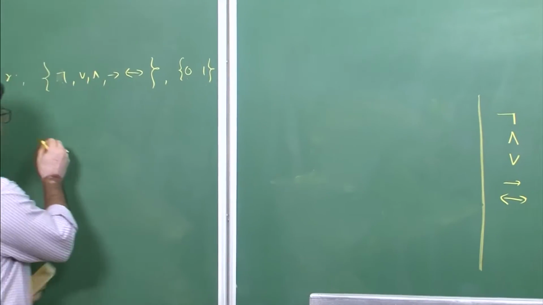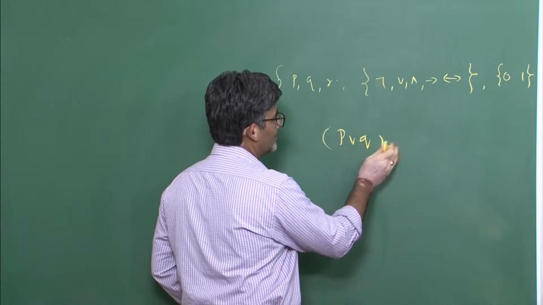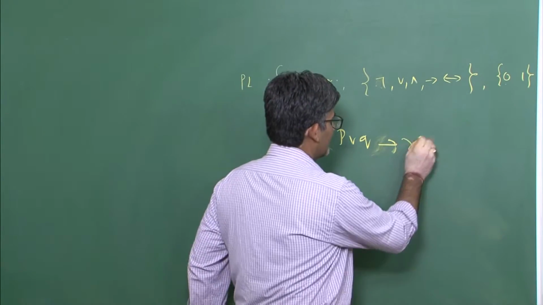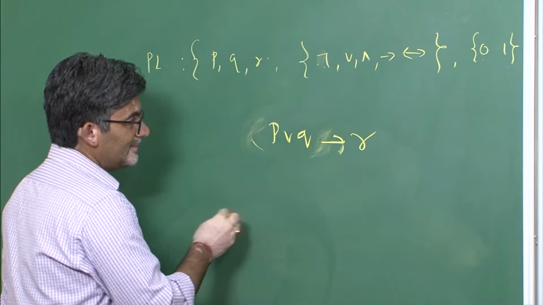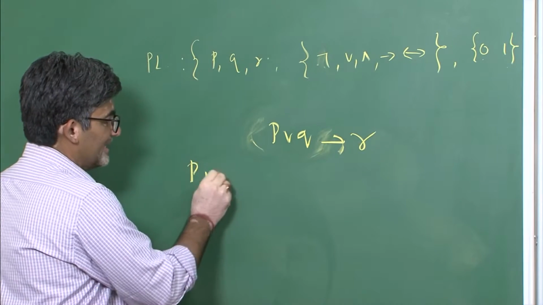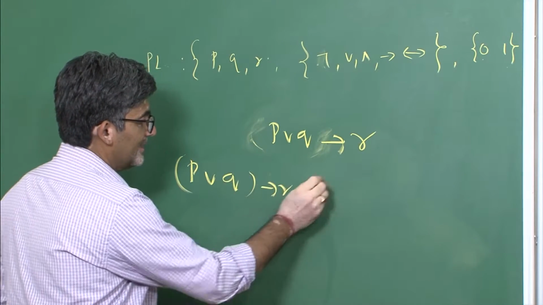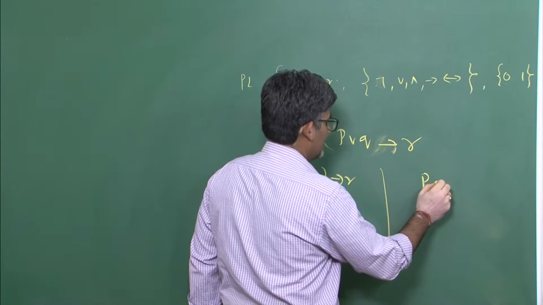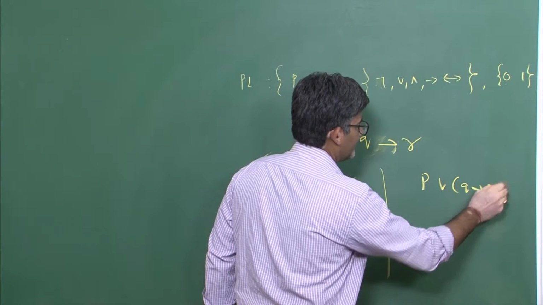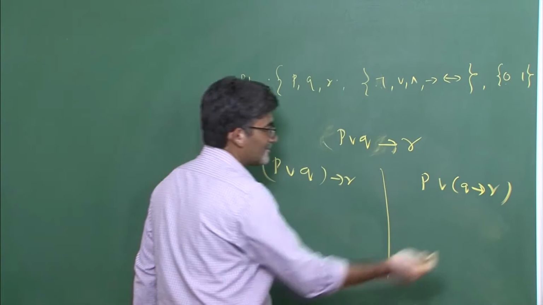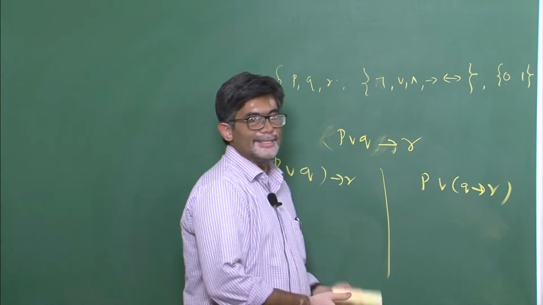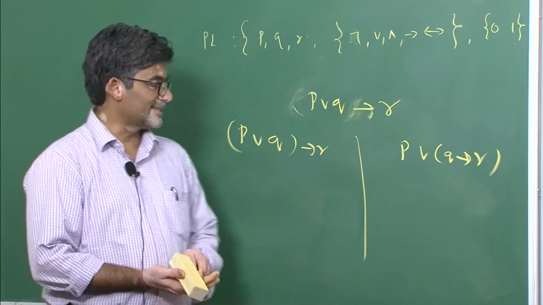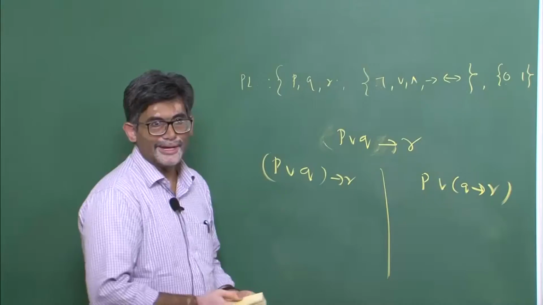Now we do not know how to figure out how to draw parenthesis here. P or Q implies R. So now if you say it is P or Q implies R, it has some kind of tree structure, and if you say P or Q implies R the other way, this will have its own tree structure. So every formula comes up with its own corresponding tree structure. No two formulas will have the same kind of tree structure.